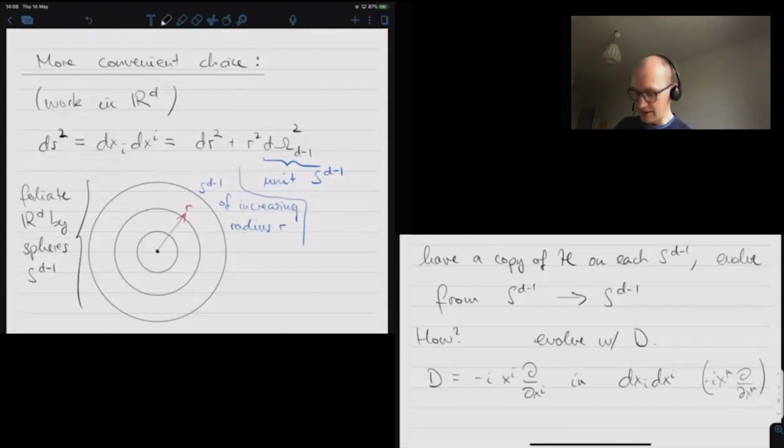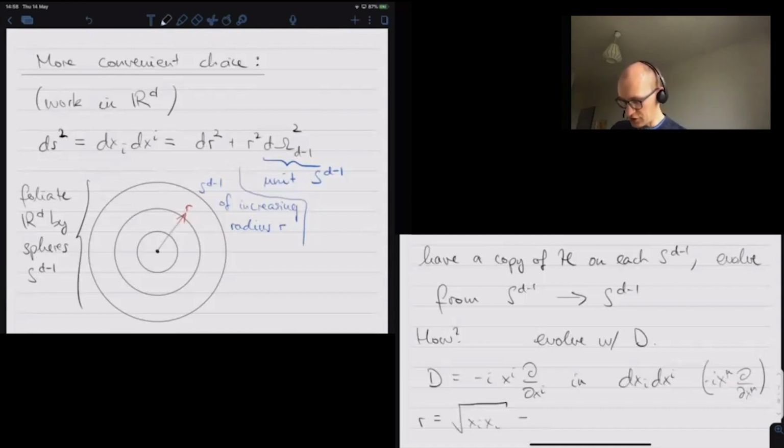But now R, the length of the vector, is obviously just the root of xi. The length is just the square root of the length squared.